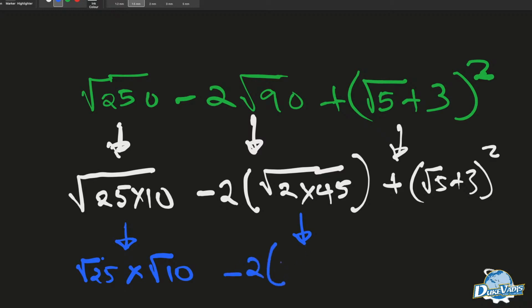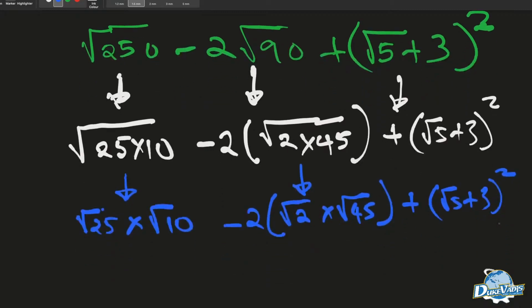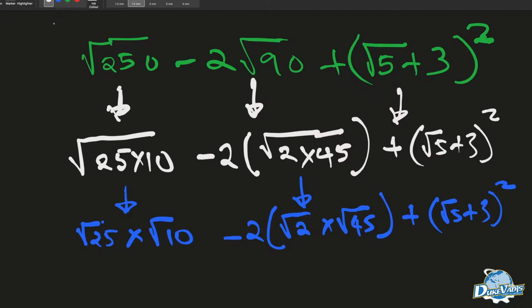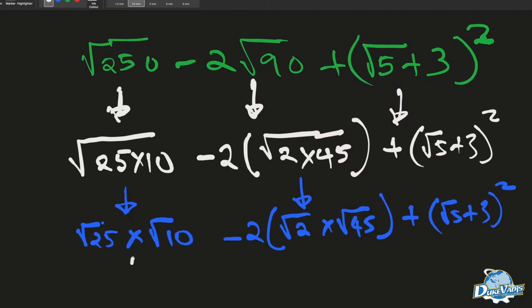We can also break this one as surd 2 times surd 45, plus our expression we haven't touched. Okay, beautiful. Now, let's go further to break it down. See, as we keep breaking it down further, it makes life easier.